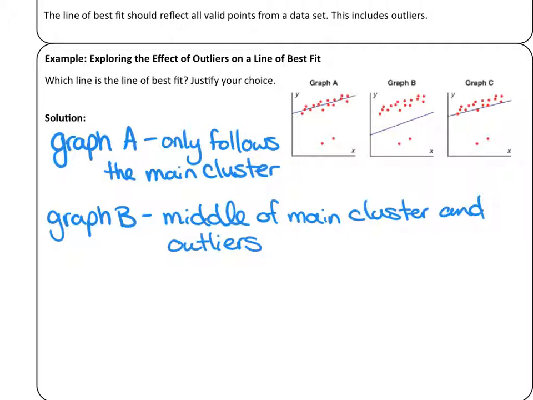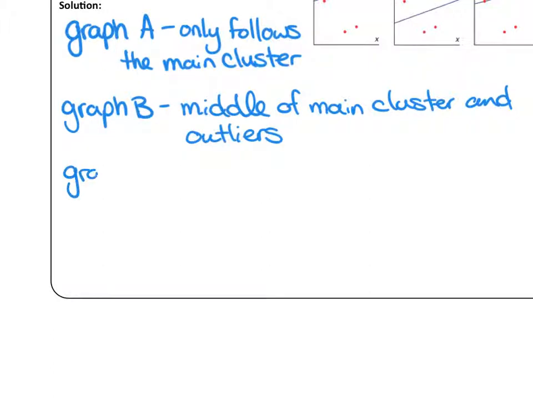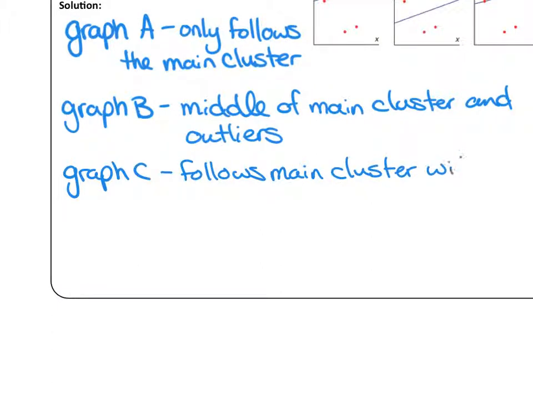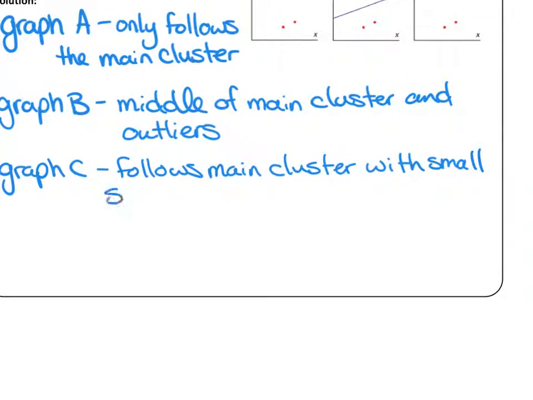Graph C, the line does go through almost the main cluster, but it is slightly shifted down a bit compared to graph A, and the shift down is probably because of those outliers. So graph C follows the main cluster with a small shift towards the outliers.